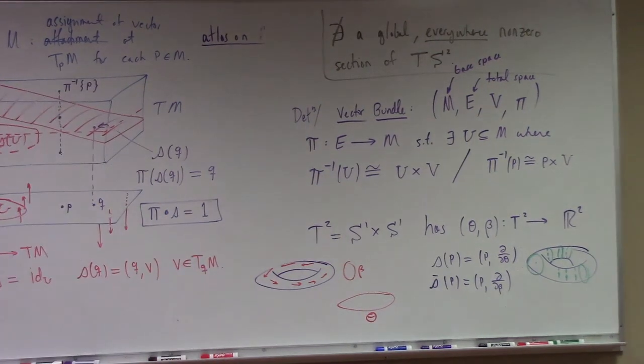All right. He says, we say that P is a principal fiber bundle over M with structure group G. M is the base space.